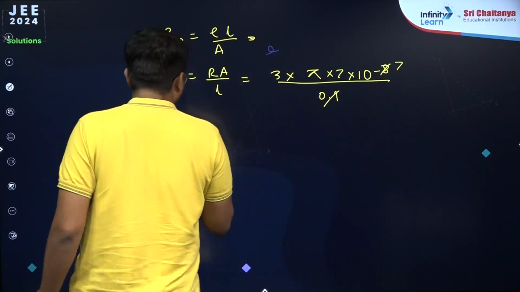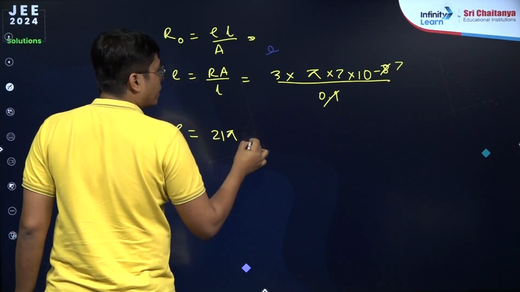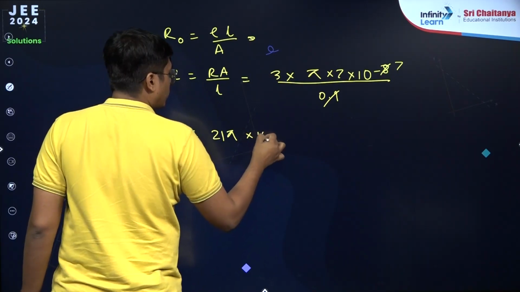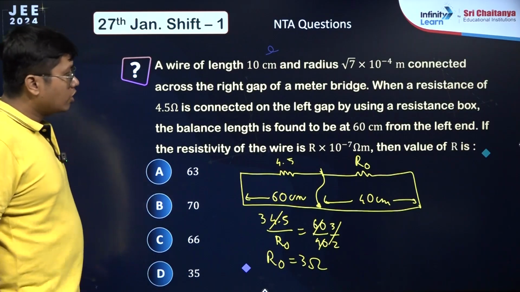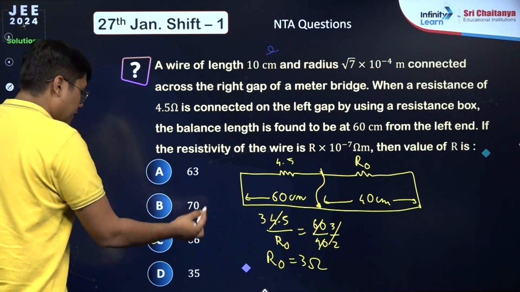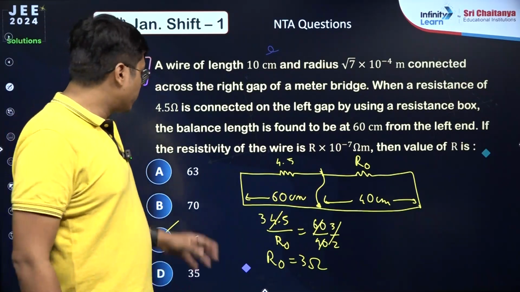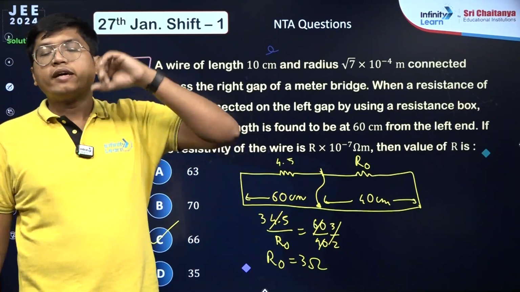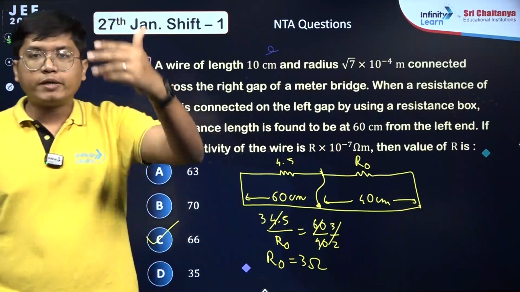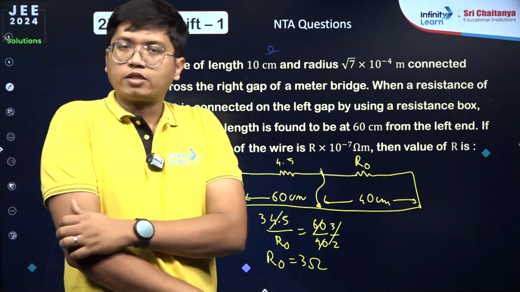So we have rho is equal to 21 pi into 10 to the power minus 7. So R is equal to 21 pi. So 21 pi would go to 66 because 21 into 3 is 63. Obviously, it is not 3, it is 3.14, a bit more than that. So the only possible option is 66. That is the one it's going to go to.